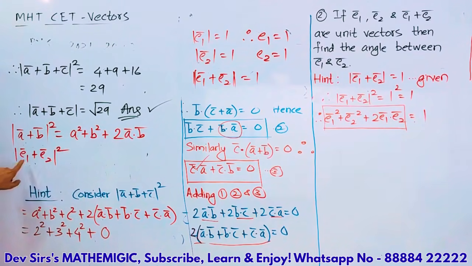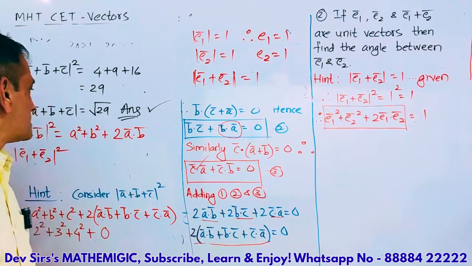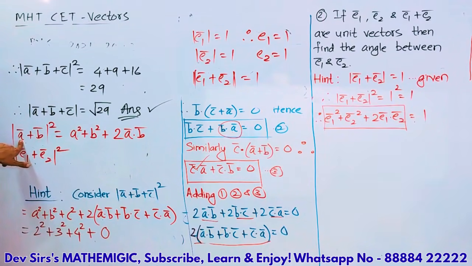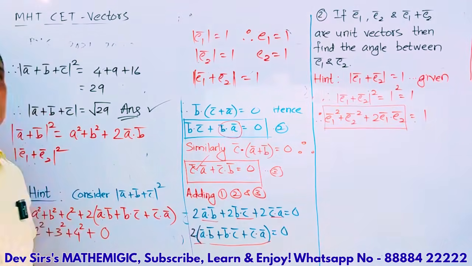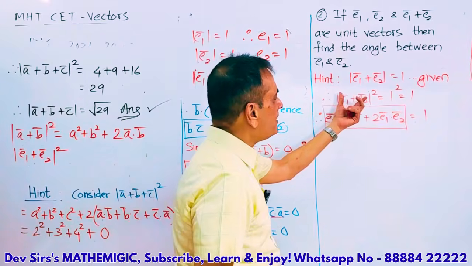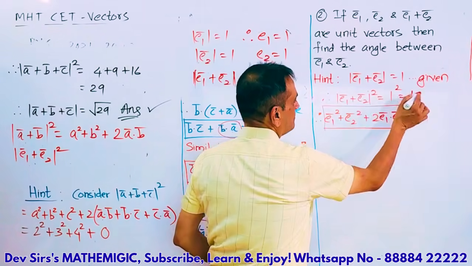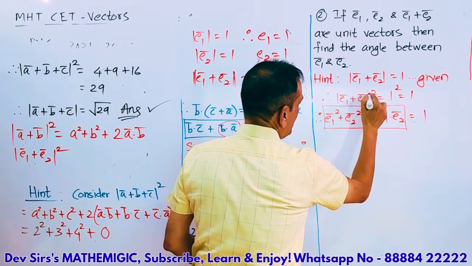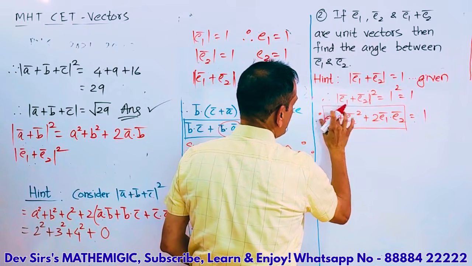We know this formula. Magnitude of A bar plus B bar bracket squared is actually (A plus B) dot (A plus B). So, in the same way, because we know the formula for square, I squared both sides. Now after this square comes, we will use that formula.